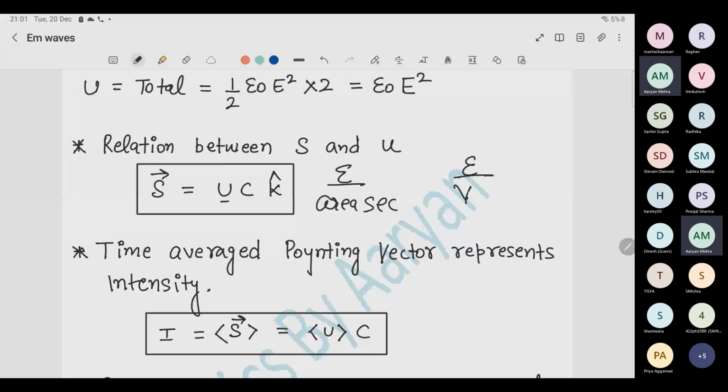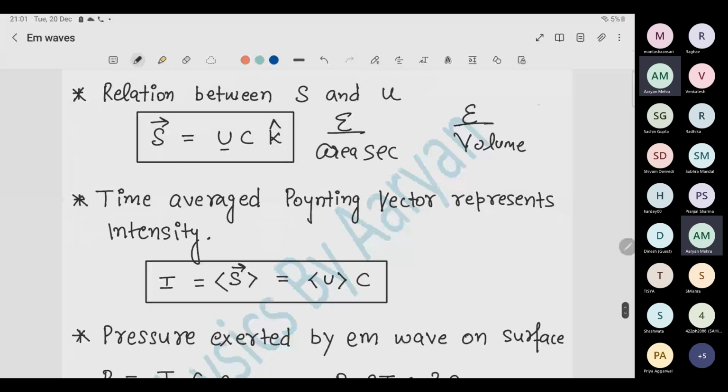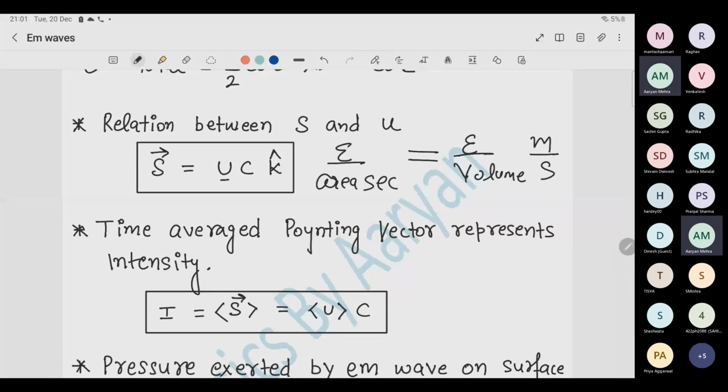So if you multiply it with the speed of light, or whatever is your speed of the EM wave, you see meter per second, so both units become equal. Before it was not equal, now it's equal. You understand this? So that's how you can remember this formula between S and the energy density.